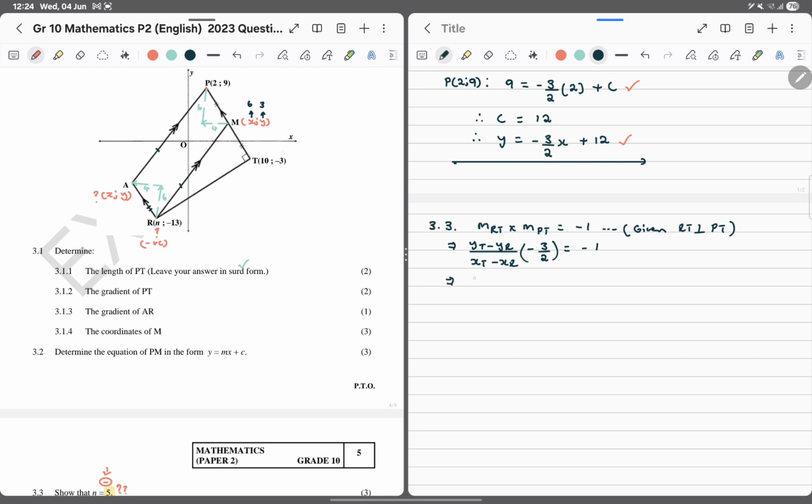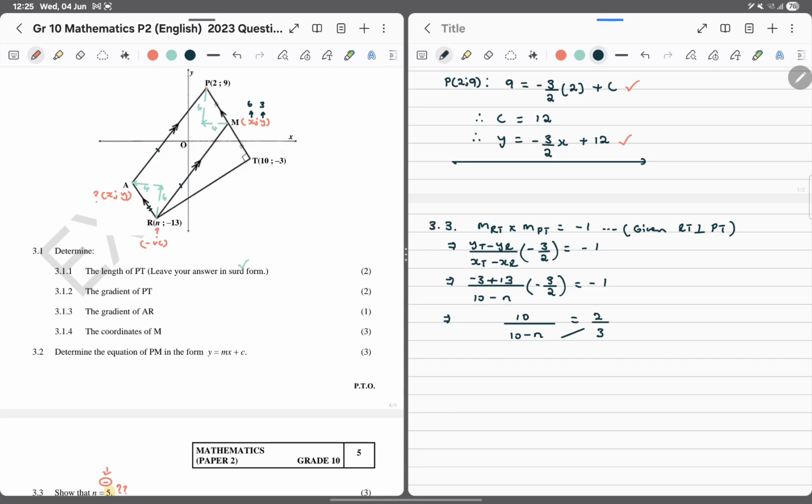Then we substitute. This is minus 3 minus minus 13, which is going to be plus 13, divided by 10 minus n, into minus 3 over 2, equals minus 1. We then divide by minus 1 here. This gives us 10 over 10 minus n is equal to, so the negative will go, that fraction will flip to 2 over 3.